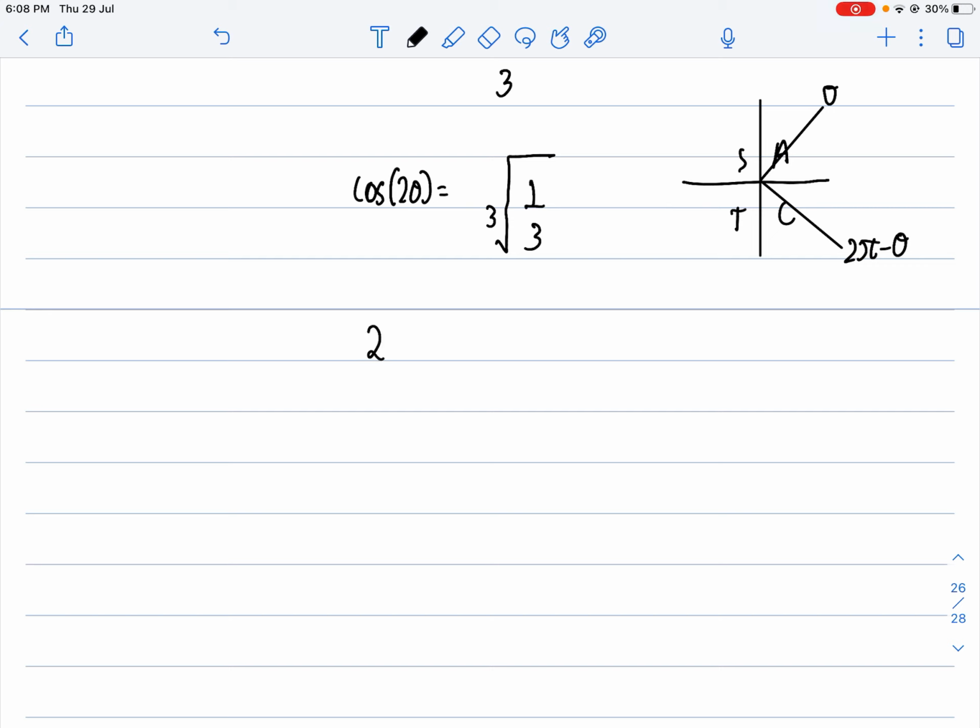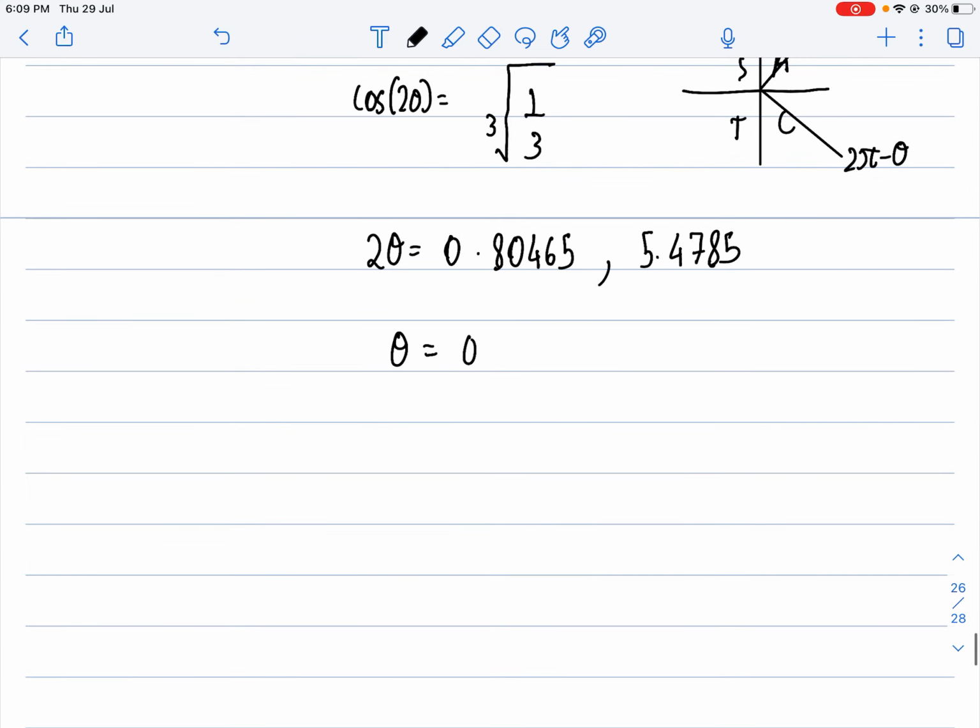So here I can simply do 2 theta, which is equal to, on the calci in the radian mode, first do the cos inverse of the cube root of 1 over 3, which is 0.80465, comma, now do 2 pi minus 0.80465. So you simply get 5.4785. Now you can simply divide 2 by each of this value.